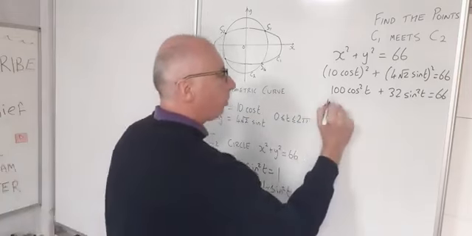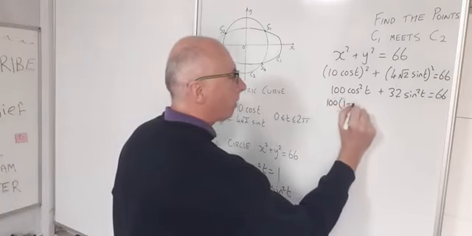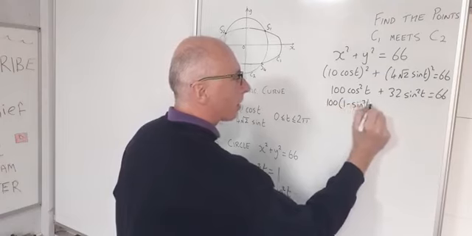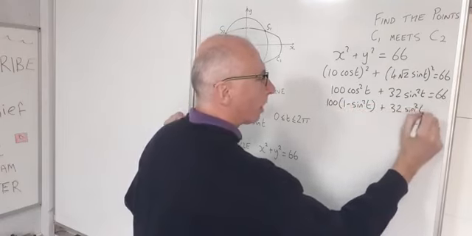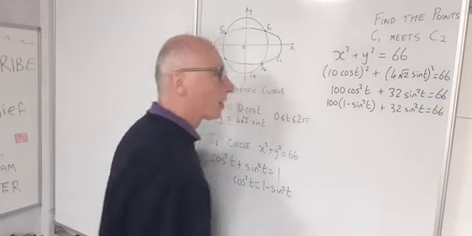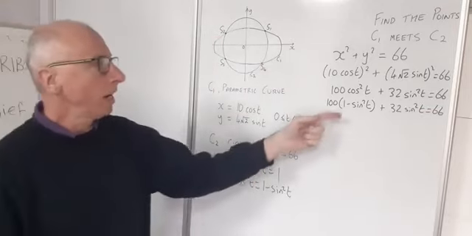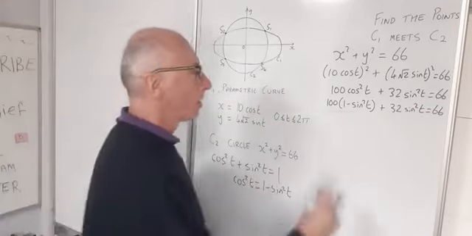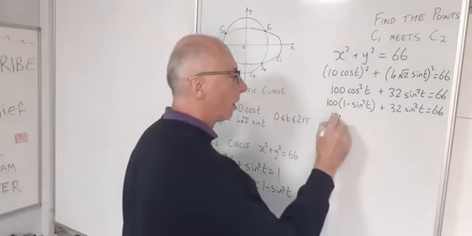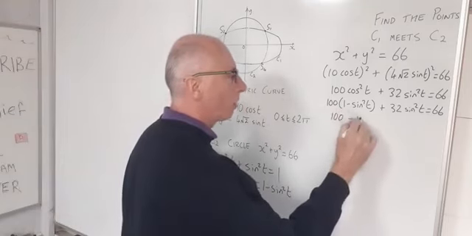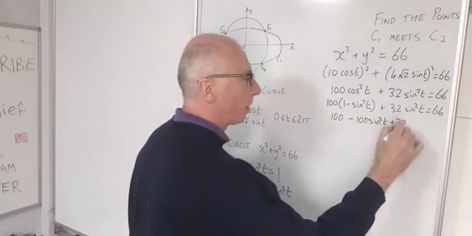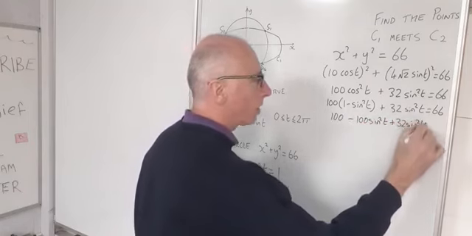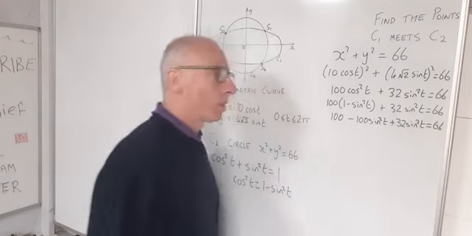So 100 times (1 minus sine squared t) plus 32 sine squared t equals 66. Okay, right, now let's multiply out inside the brackets. So 100 minus 100 sine squared t plus 32 sine squared t equals 66.